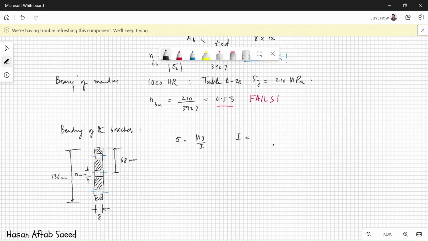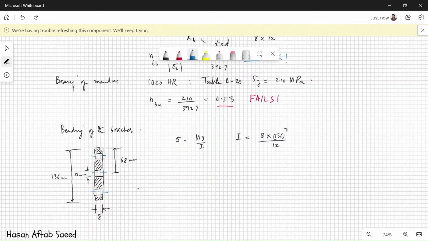It's a rectangular shape, so bd cube over 12 is the formula for the second moment of area. In this case, 8 into 136 cube over 12. But this gives us the second moment of area for the whole section without the bolt holes.